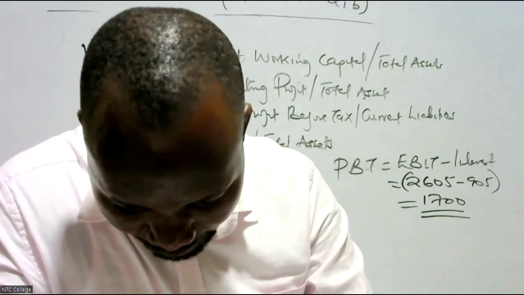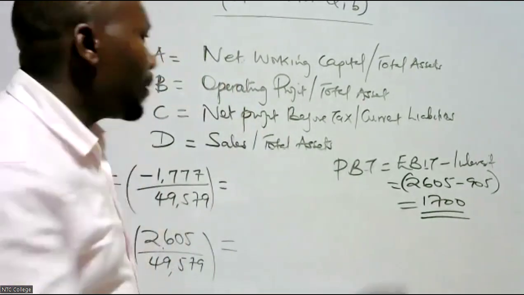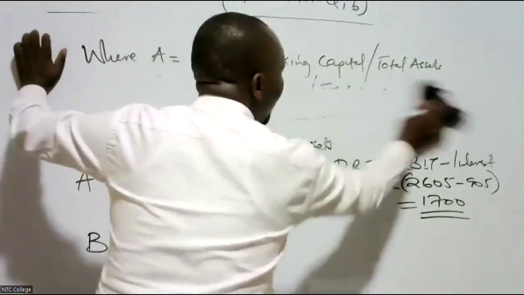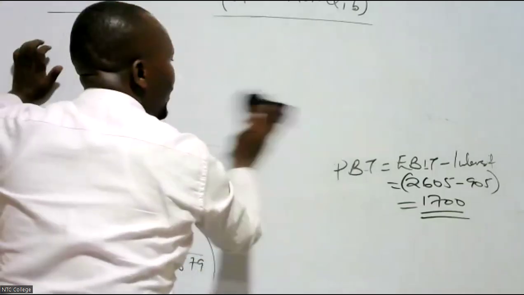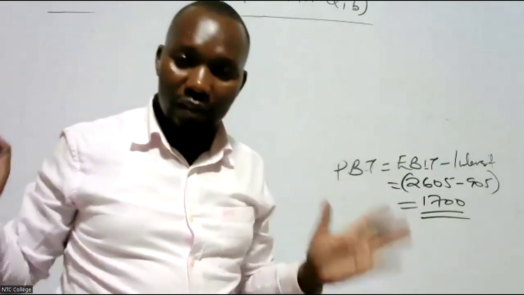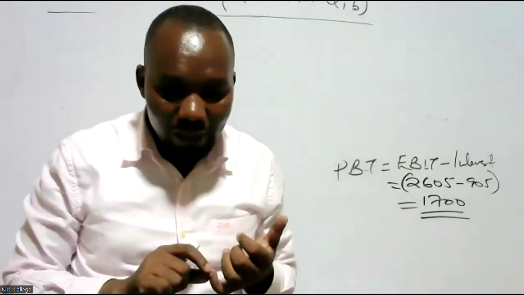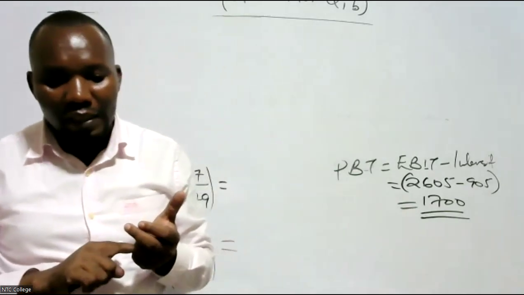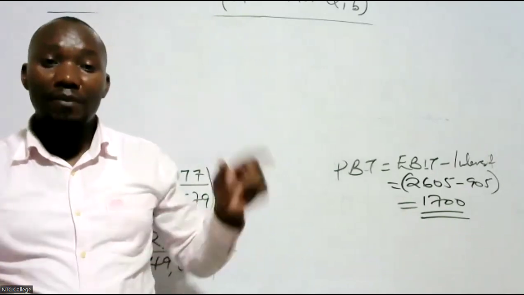That is current to non-current. We are looking for current liability. In the question, we are only given the total liability. They have not split for us the current and non-current. Do we understand? In the question, they told us that the total liability is 5044.